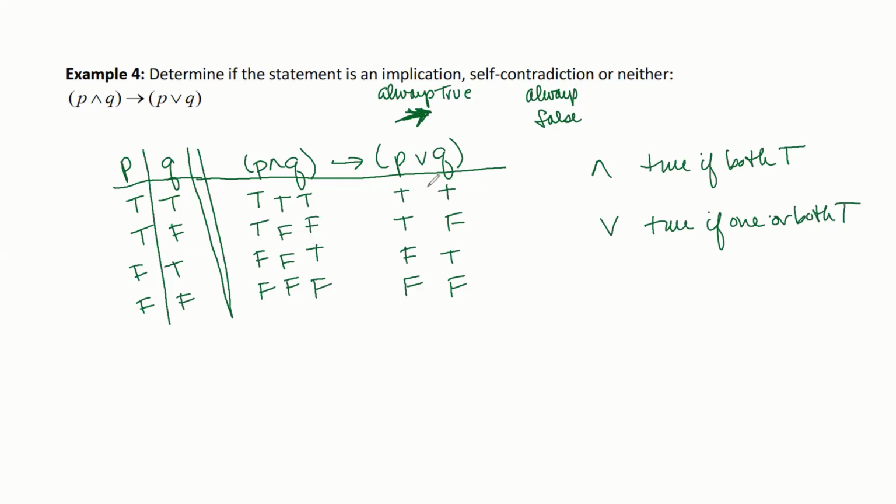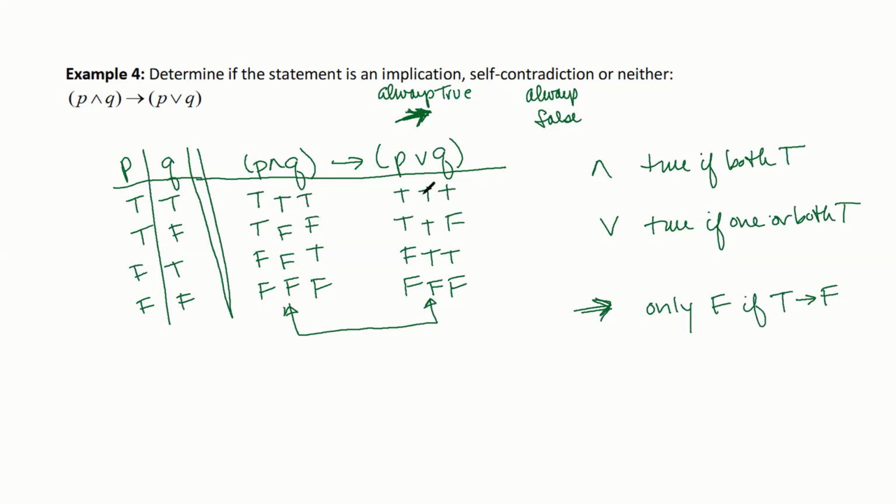So we have true, true, true, false. So now we're going to compare these two columns using the if-then statement or the implies. And we remember that is only false if true implies false. That's the only time we're going to get a false.